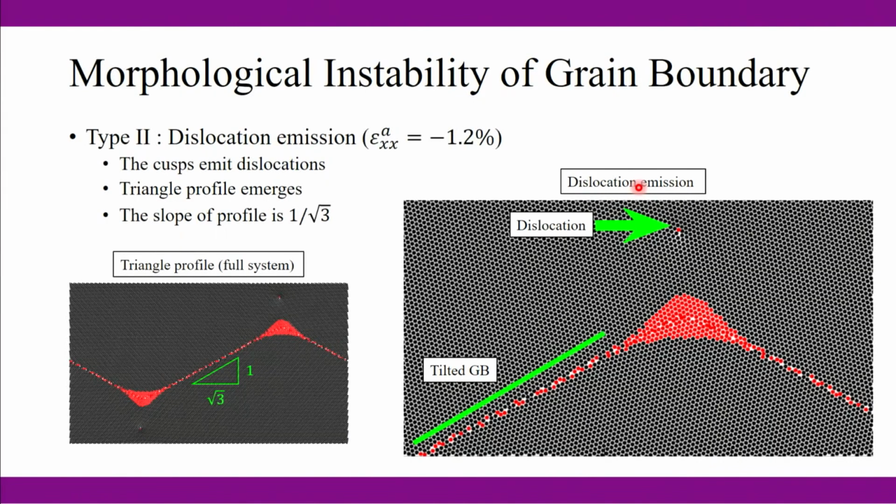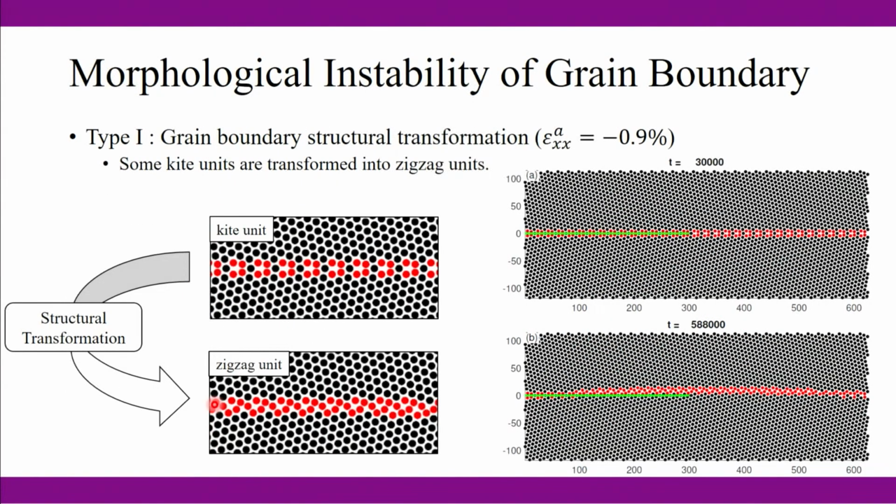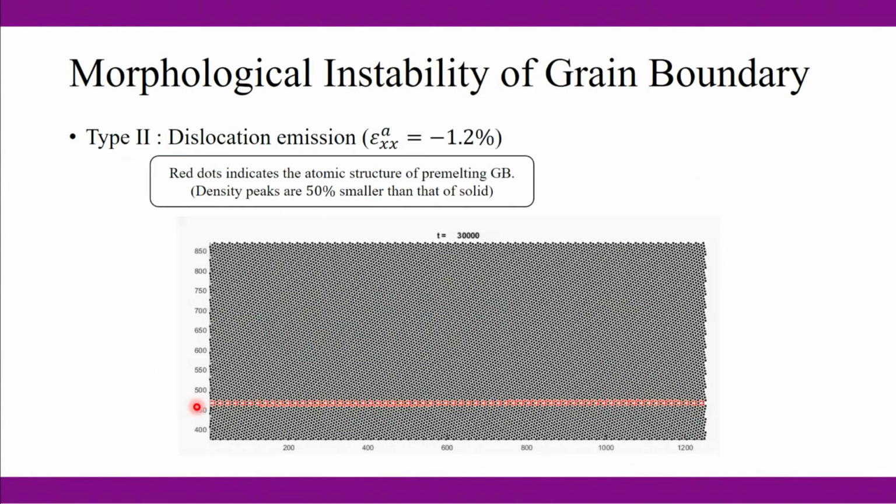So the zigzag structure, basically, you can think is when the grain boundary is moved vertically, and the structure can change from a kite to the zigzag. And for a certain large strain applied to the system, it can release its elastic energy just by changing the grain boundary structure, the arrangement of the atoms.